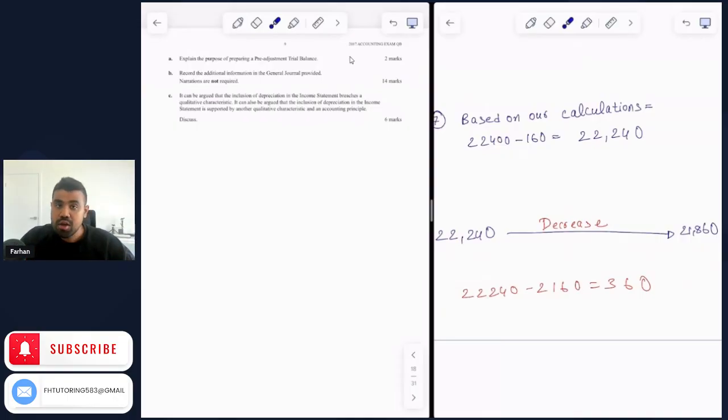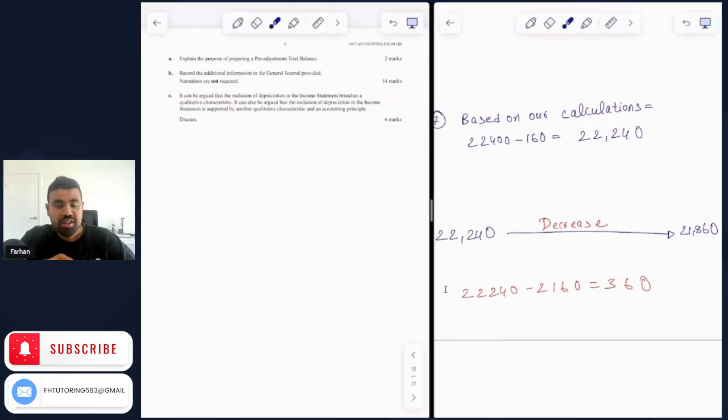So the accounting qualitative characteristic that we're talking about here is the concept of relevance. Okay? Sorry, not relevance, the concept of reliability, because we are talking about estimations, right? So the concept of reliability.